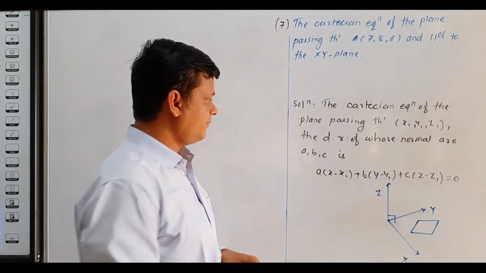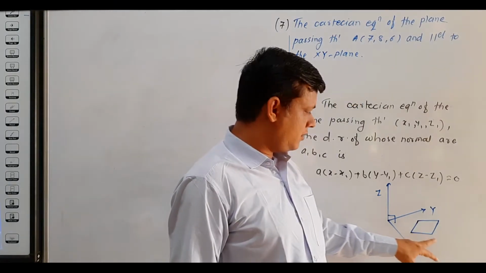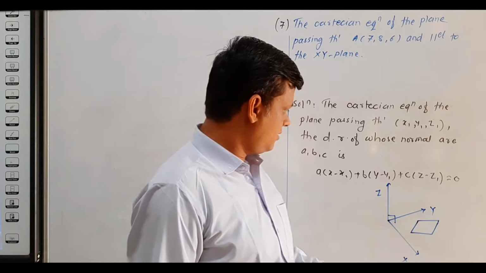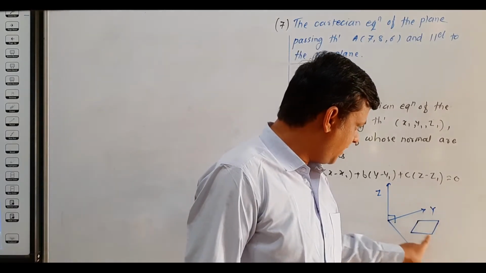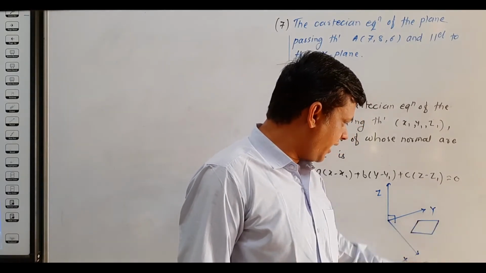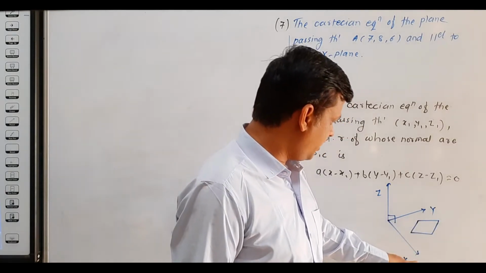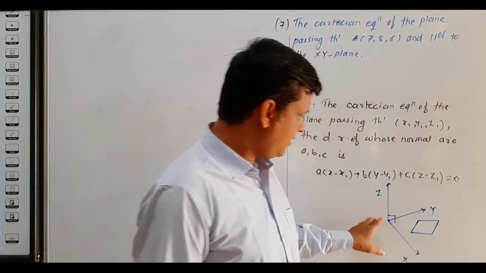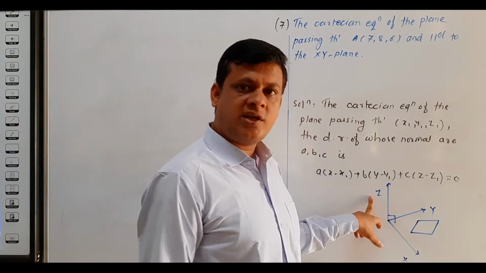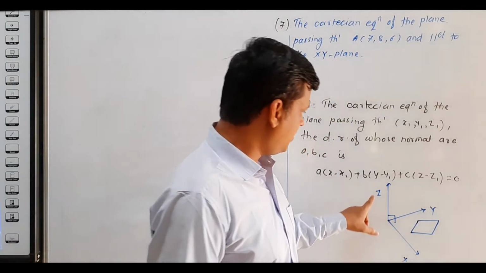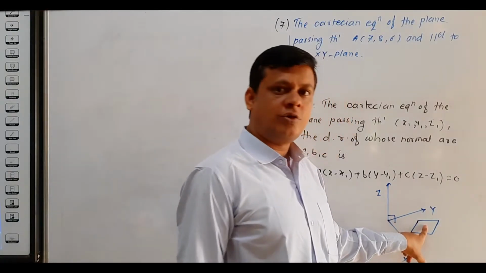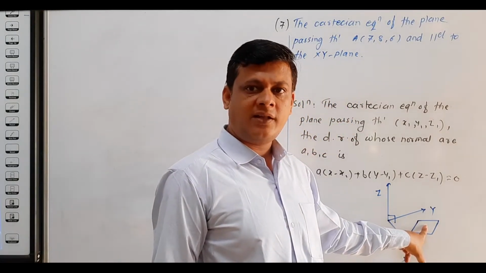Now see here, we draw here a rough sketch. Here this plane is on this xy plane. So this xy plane is perpendicular to this z axis. That means this z axis is also perpendicular to this required plane.